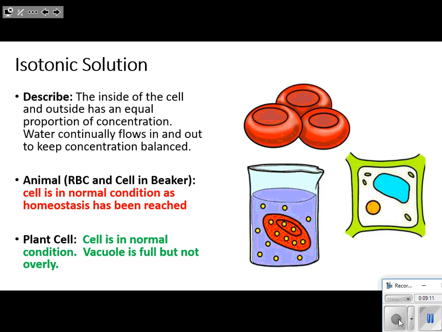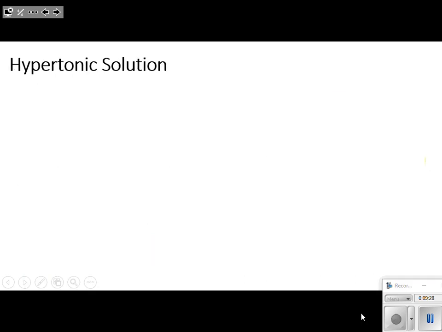We talked about hypotonic. We've talked about isotonic. So the third one we're going to talk about is hypertonic.